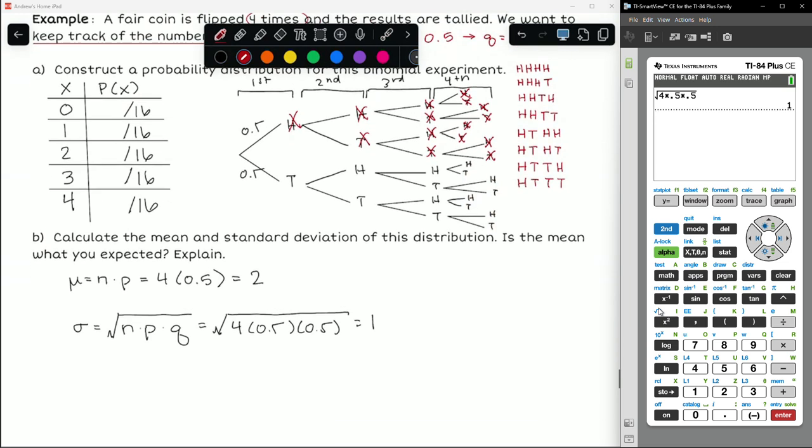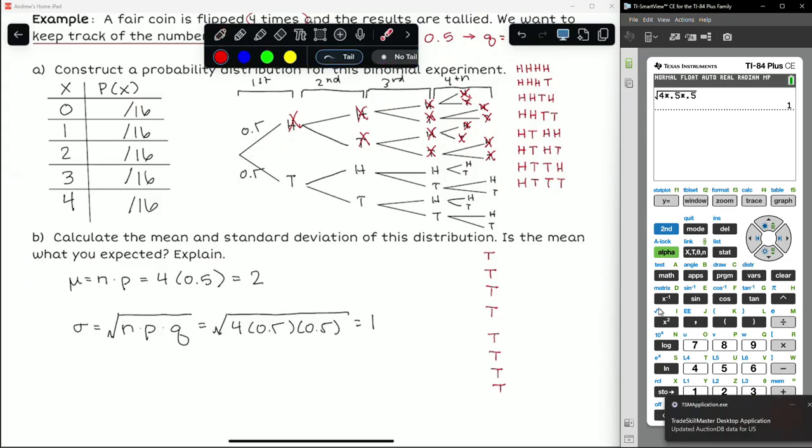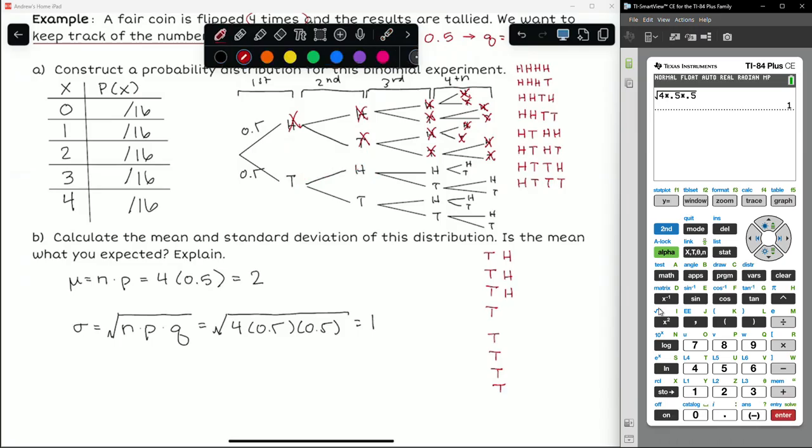I'm going to list the other half down here. So the rest of this is all going to start with T's. So 1, 2, 3, 4, 5, 6, 7, 8. And then I know my first branch of the T's is the H branch, so 4 of those are going to have H as my next. That takes care of that, and then these would be T, T, T, T's.